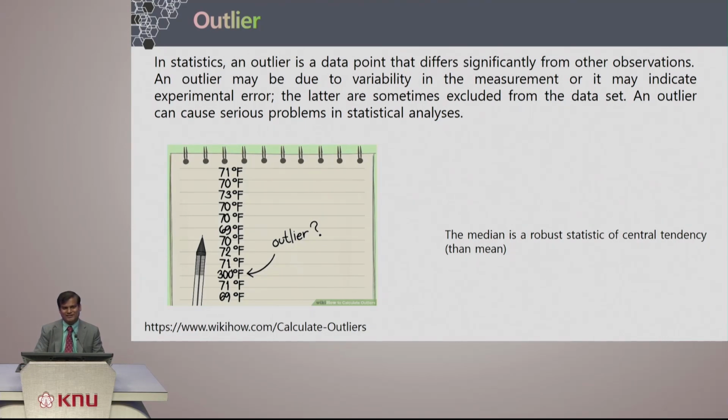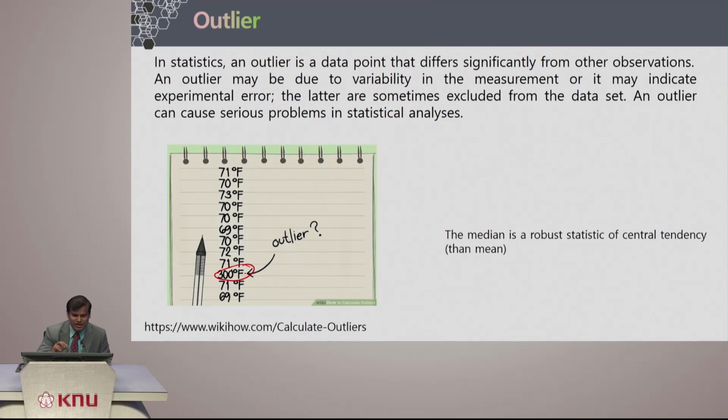Coming to outliers. Again, in statistics, an outlier is a data point that differs significantly from other observations. So it should be significantly different. Did you see here? Almost all the temperature values are around 70 degrees Fahrenheit, but this one is 300 degrees Fahrenheit.